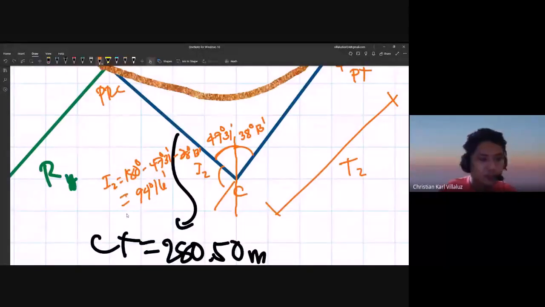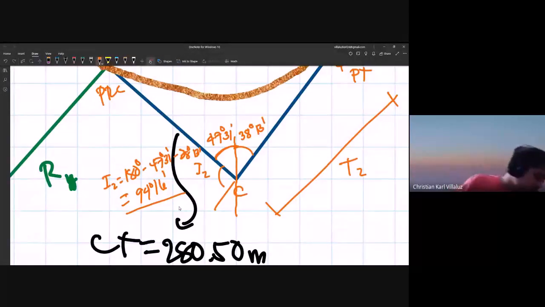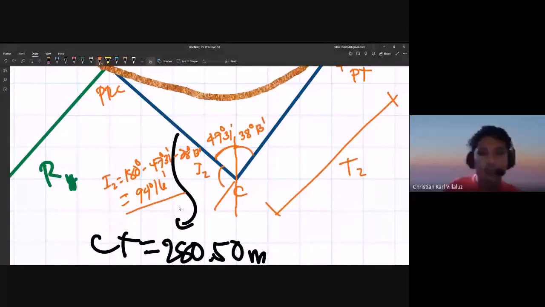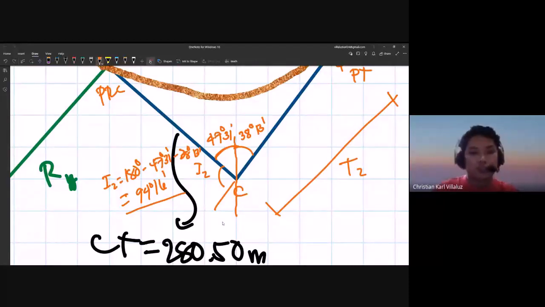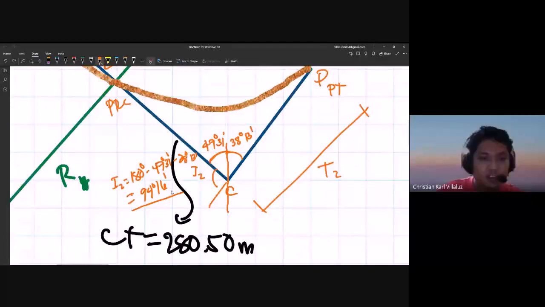Okay. So, verify nyo class baka may na-mistype akong mali dito sa calculator. So, I think tama naman. 47 degrees 31 minutes and 38 degrees 13 minutes. Okay. So, 94 degrees 16 minutes.